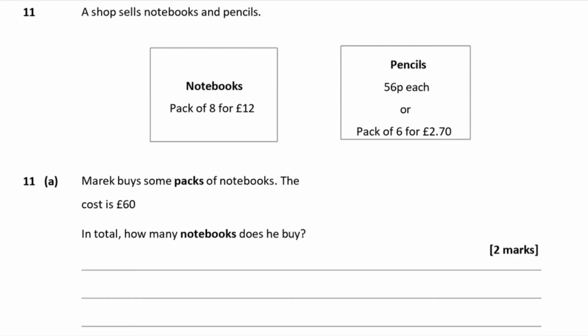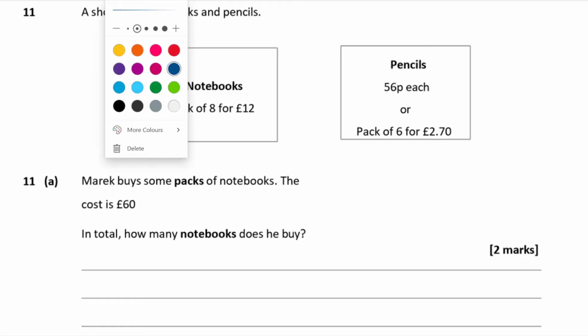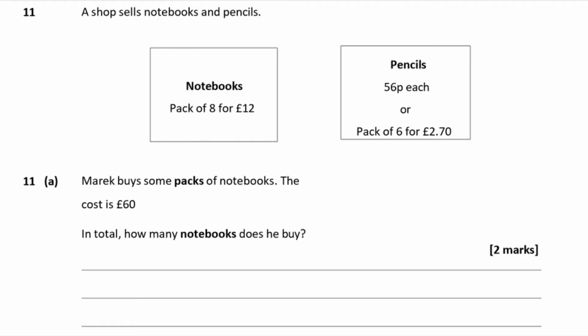Well, how many times does 12 go into 60? 5 12s are 60, so 60 divided by 12 is 5 packs. Now, each pack contains 8 notebooks, so 5 times 8 is 40. He has 40 notebooks.